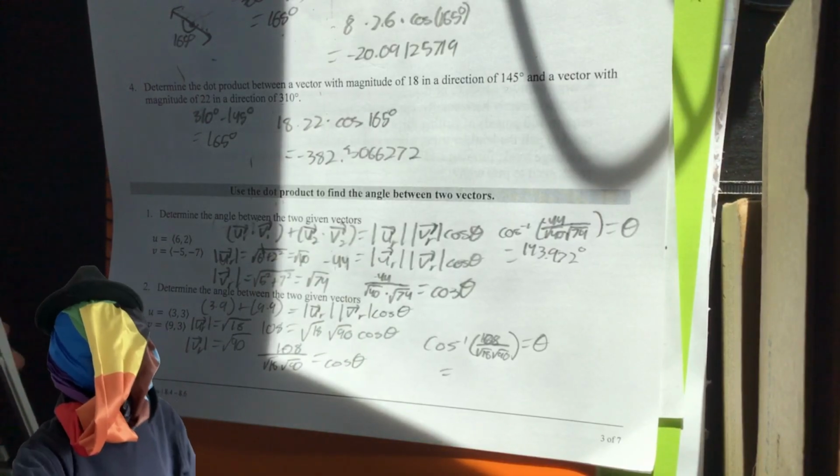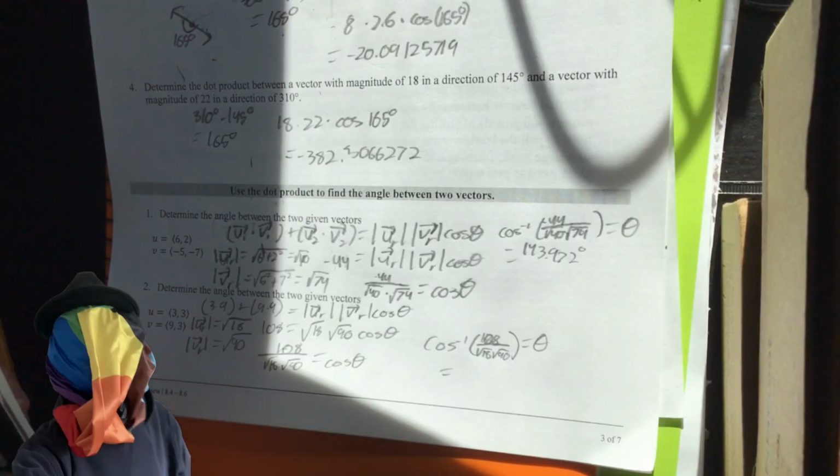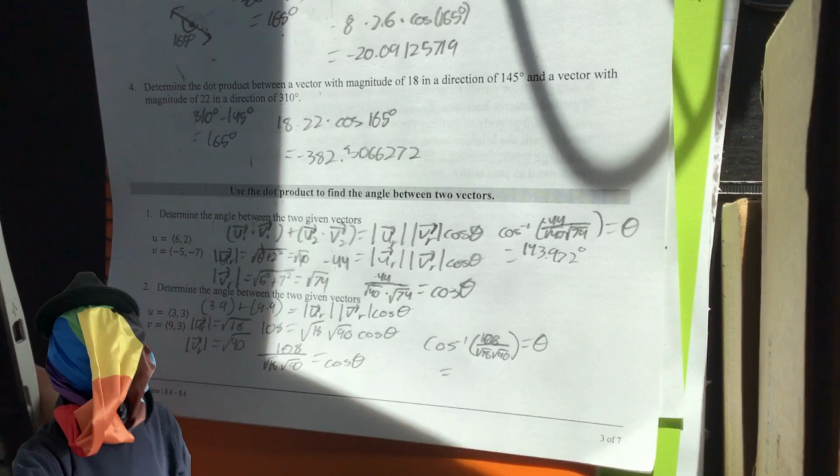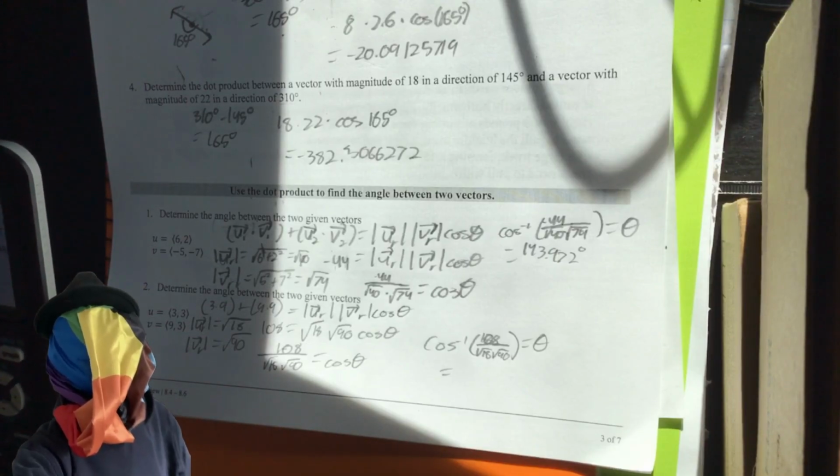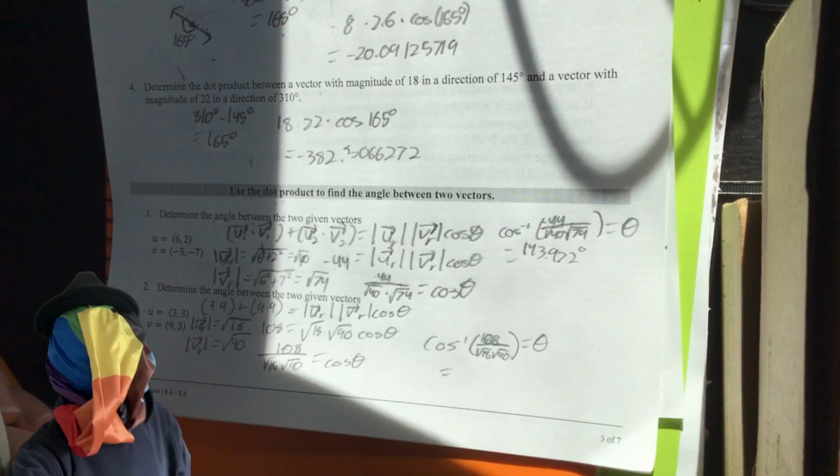I forgot the negatives. Yeah, something's wrong with my domain. Root of 90, that's correct.